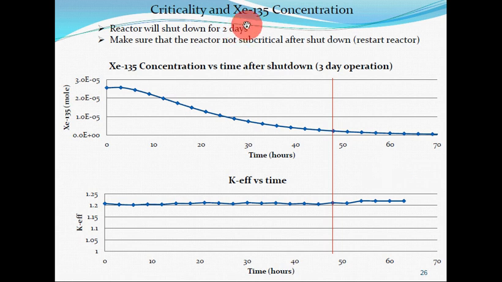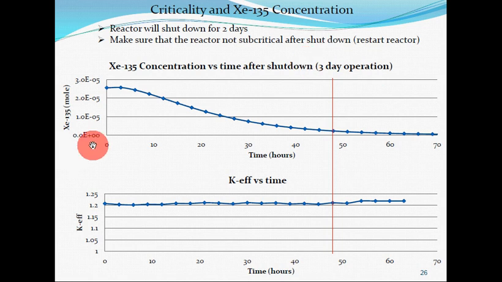Criticality and xenon 135 concentration. Reactor will shut down for 2 days. We have to make sure that the reactor is not subcritical after shutdown when we restart the reactor. The xenon 135 concentration versus time after shutdown for 3 days reactor operation.